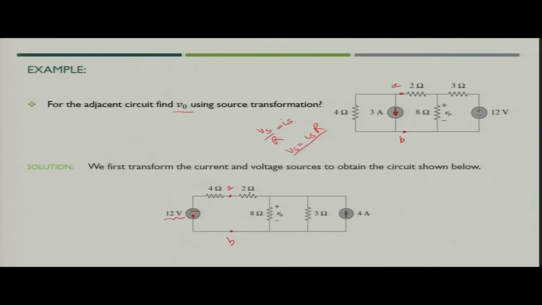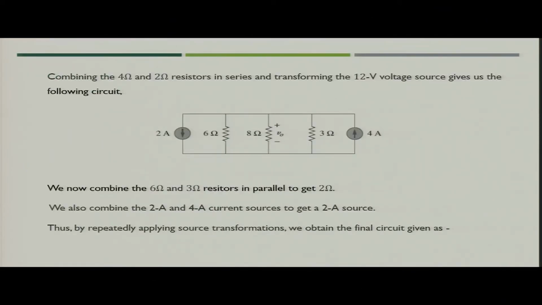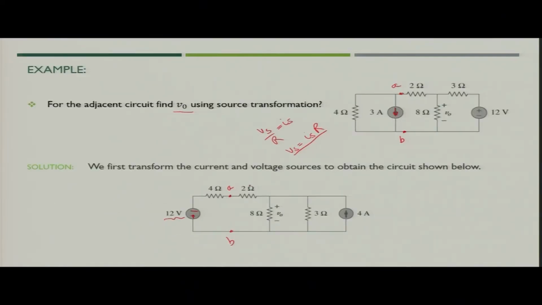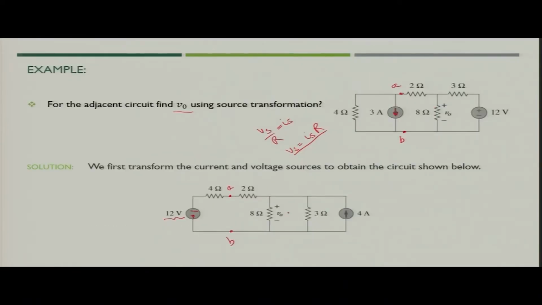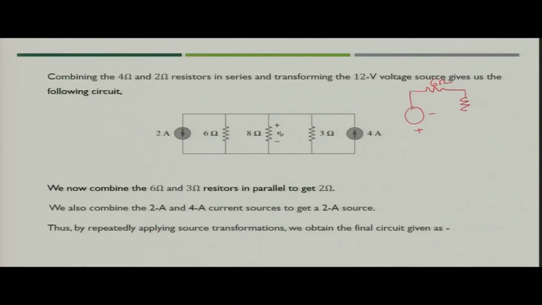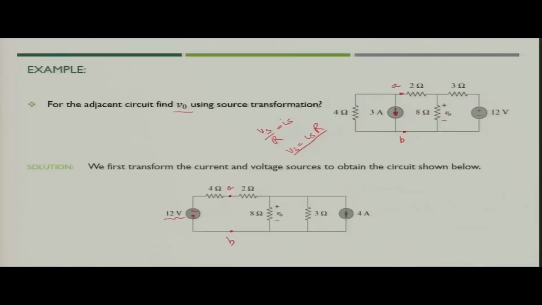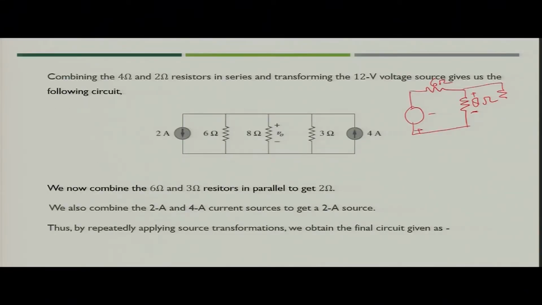So, you can club both of them and you will get a circuit like this, where you have a voltage source in series with a 6 ohm resistance, and then you have the 8 ohm resistance, across which we have to find out the voltage, and then the rest of the circuit, that is the 3 ohm resistance and the current source of 4 ampere.